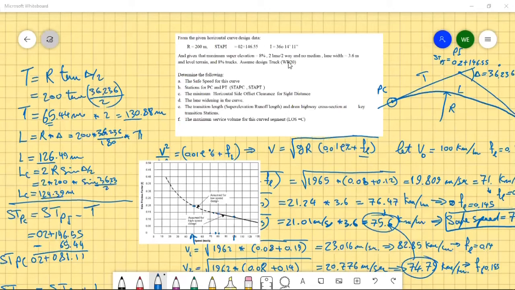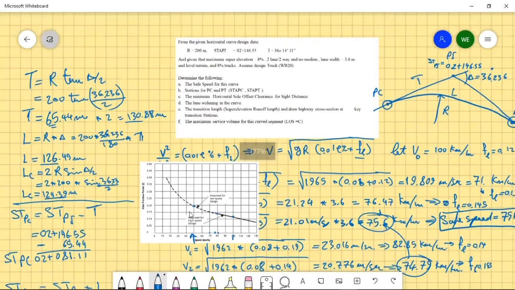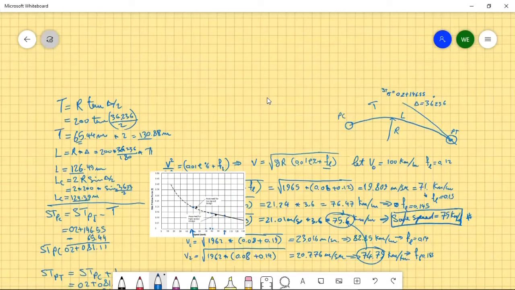Okay, unfortunately, I have only the WB40 that's available for me, so we're going to use it for the time being, okay? So let's just modify this.